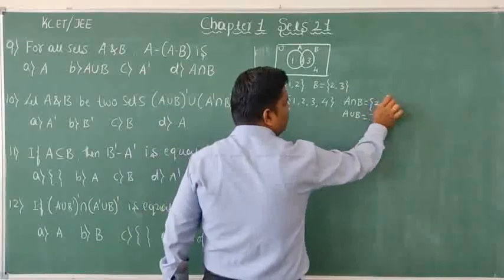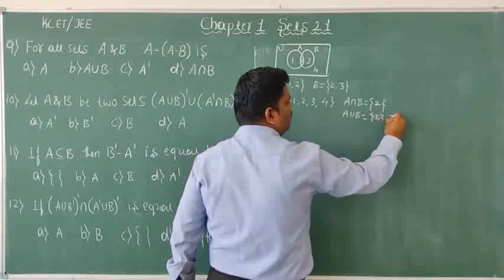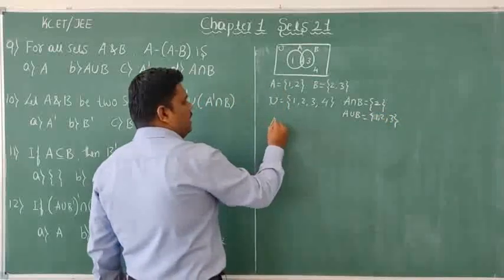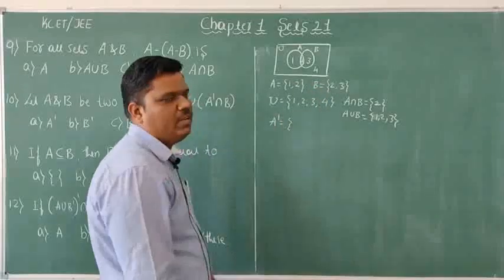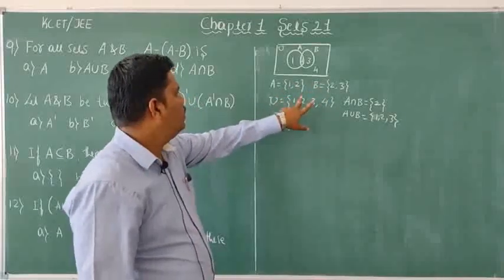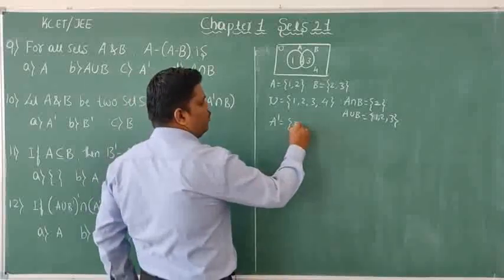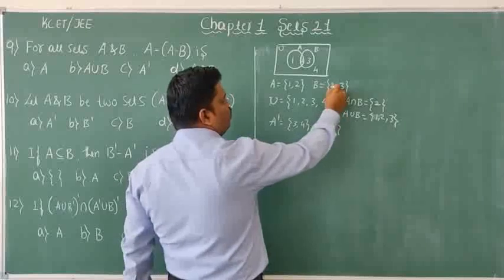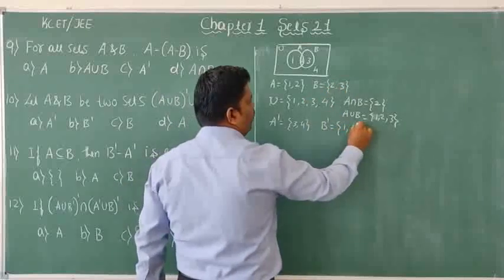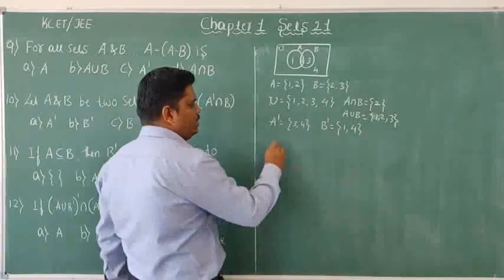A union B is not the universal set; it is 1, 2, 3. Next, A complement: leave the elements of A, 1 and 2, then the universal set's remaining elements are 3, 4. B dash: leave 2, 3, so 1 and 4, this is B dash.